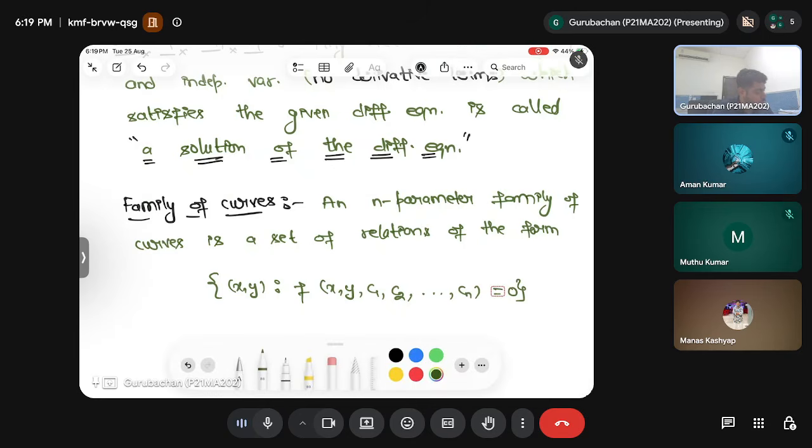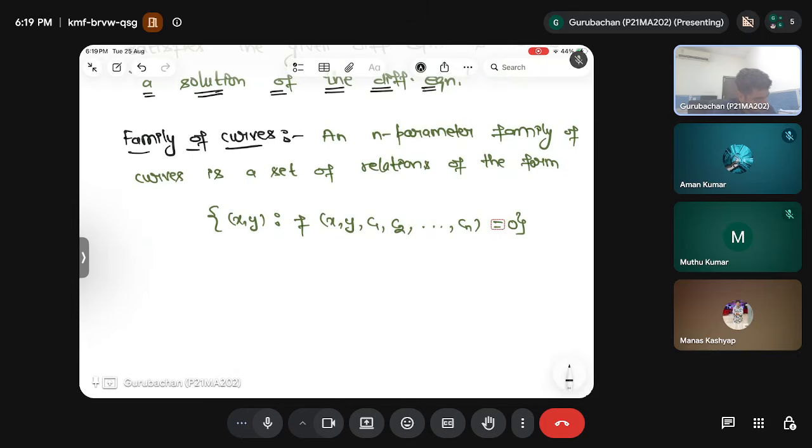Now how can one formulate a differential equation? This is our first task for today. Formulation of differential equations.